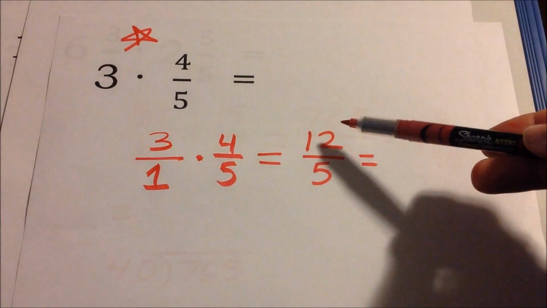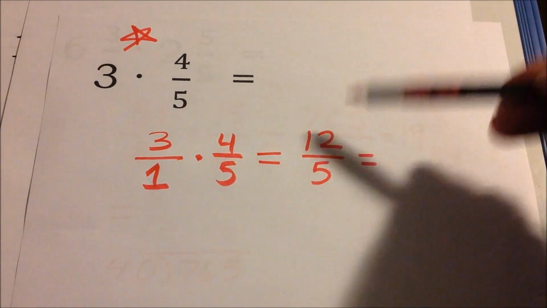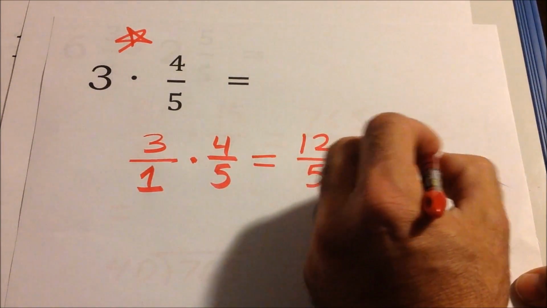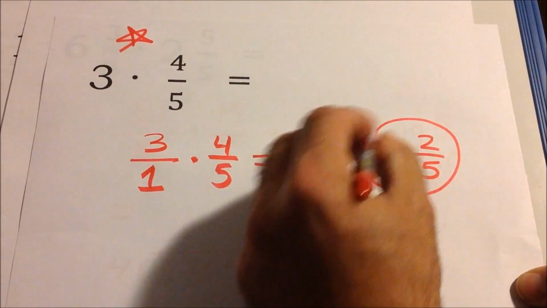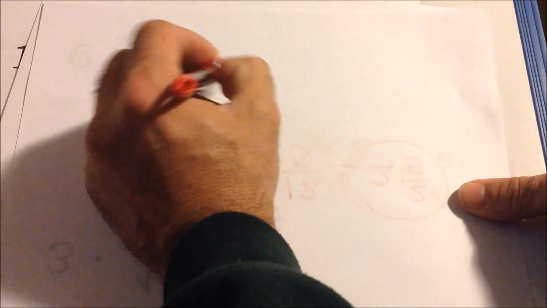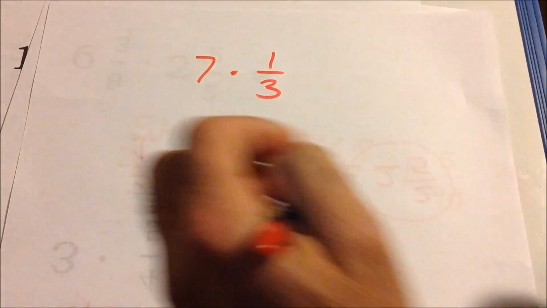But this is improper. We can make it a mixed number. 5 goes into 12. How many times? Goes in twice, right? And there's 2 left over. So there it is. There's our answer. So again, if you see a whole number, let's do another one. What if I gave you 7 times 1/3? What do we do with that 7? Exactly.